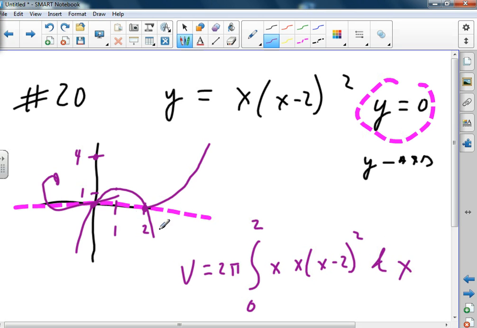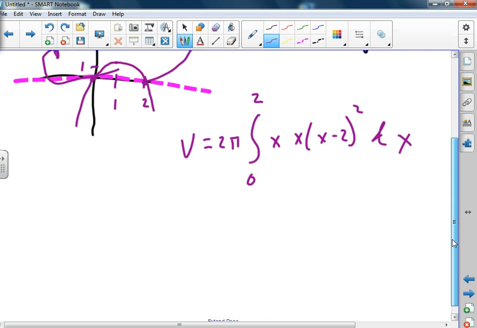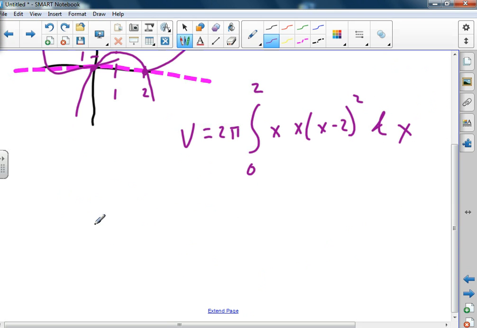Parallel to the y-axis means I'm rotating around it. So x is the radius, I agree. (x minus 2) squared is the height, I agree. Okay, so that's the integral we're solving.